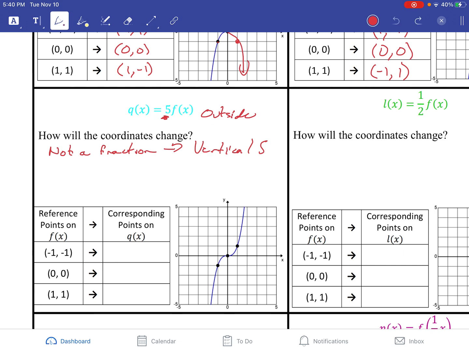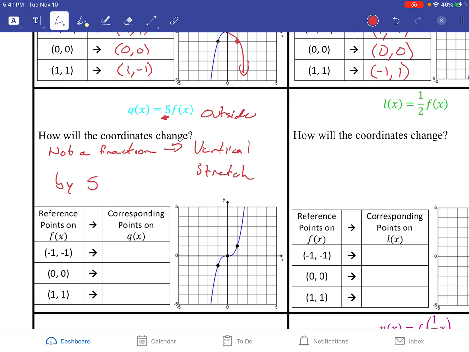Now let's write that down here. All right, by a factor, let's just put by 5. Okay, so it's a vertical stretch. So what happens is this graph gets stretched out vertically. Again, because you're on the outside, it's going to affect the y values.